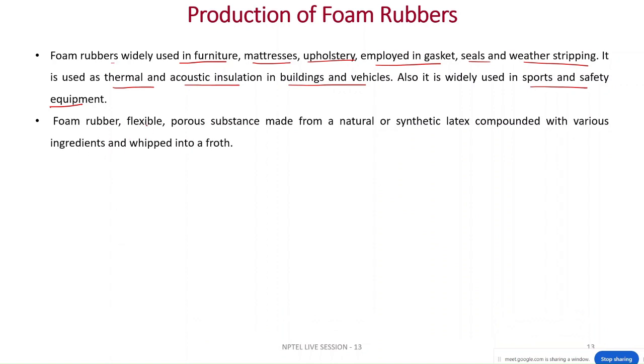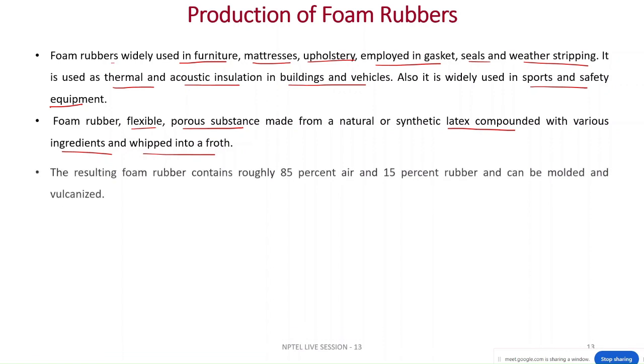So, foam rubber is a flexible, porous substance made from a natural or synthetic latex, compounded with various ingredients and whipped into froth. This compounding agent we have discussed in the last slide.